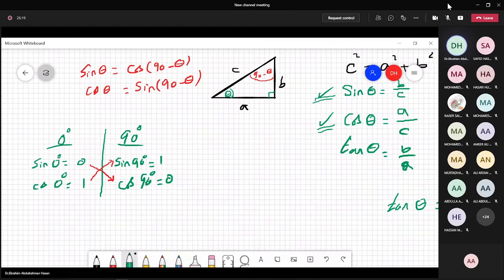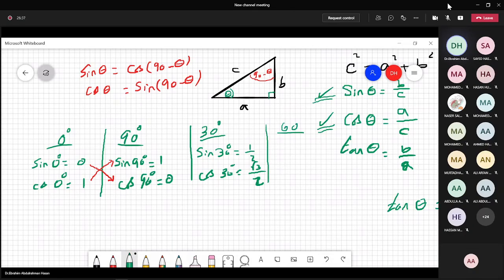What about 30 degrees? What is sine 30? Half. Okay, and cosine? Root 3 over 2. Okay, same method.